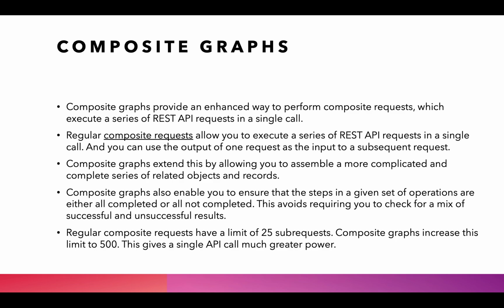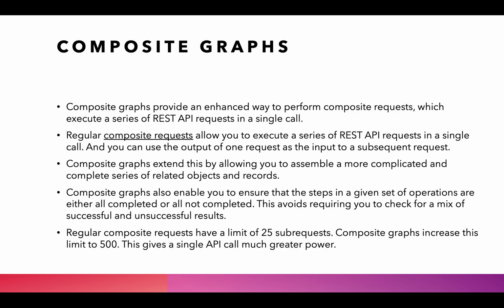Composite graph extends this by allowing you to assemble a more complicated and complete series of related objects and records. The level of nestedness, or the multiple graph nodes within the composite request, can be as simple as 2 nodes, or it can contain n number of nodes, though we won't increase the level of complexity here.